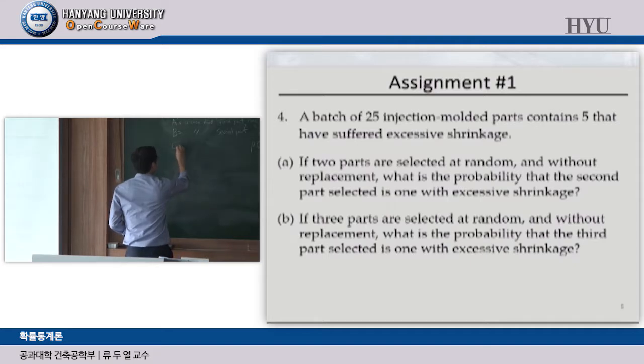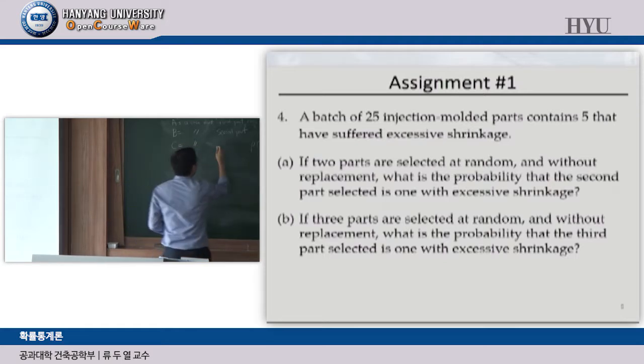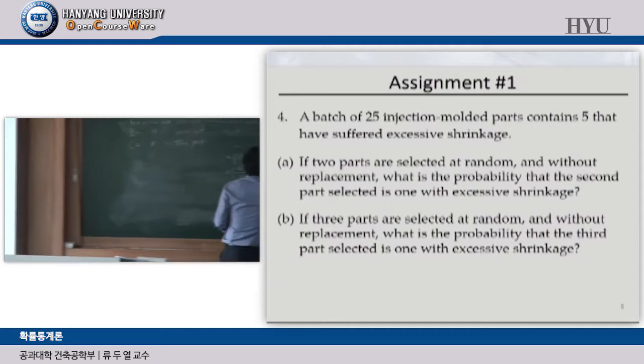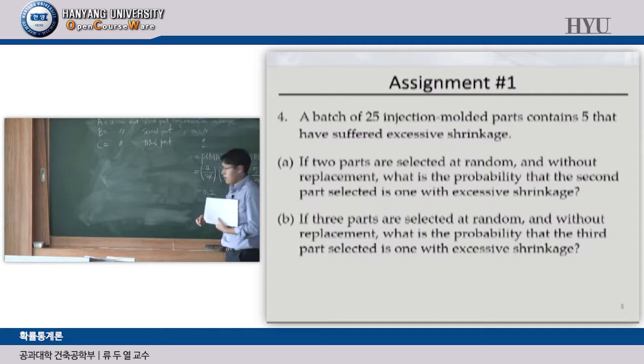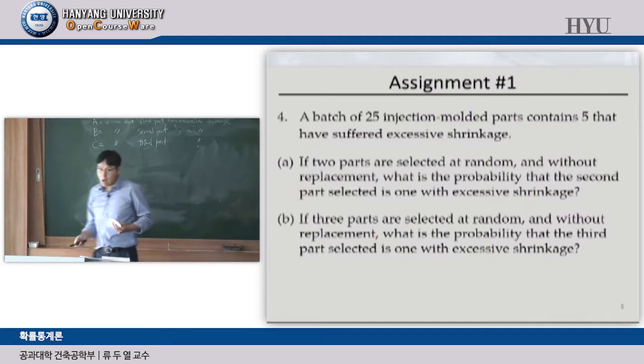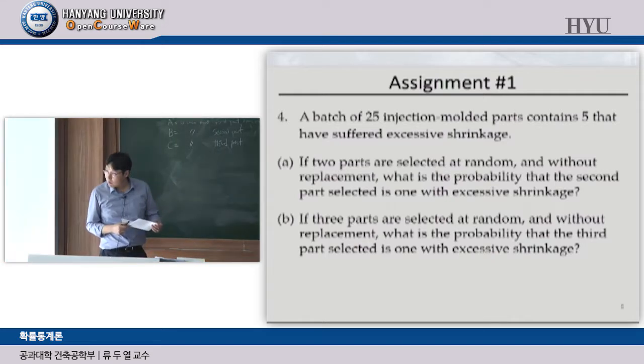In that case, we can denote C as the case that the third part has excessive shrinkage. Okay? And to calculate this, I'm going to use the tree diagram to explain the equation.